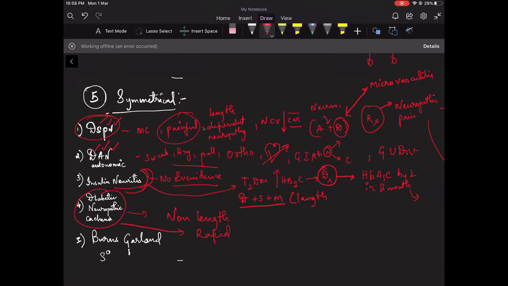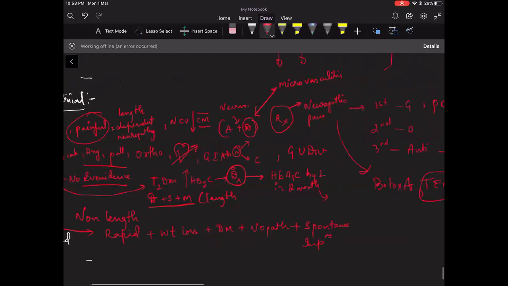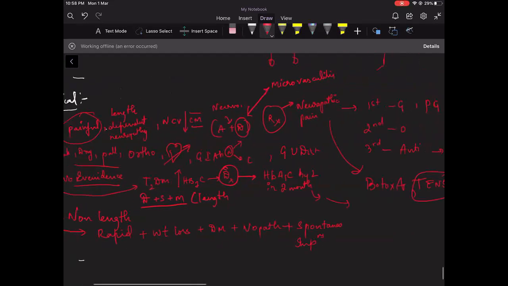The significant associated finding is that the patient has weight loss and diabetes with no treatment. In this kind of variety, we have to control majorly the pain only. Rest, there will be spontaneous improvement. Even in the insulin neuritis type also, the patient will have spontaneous improvement.